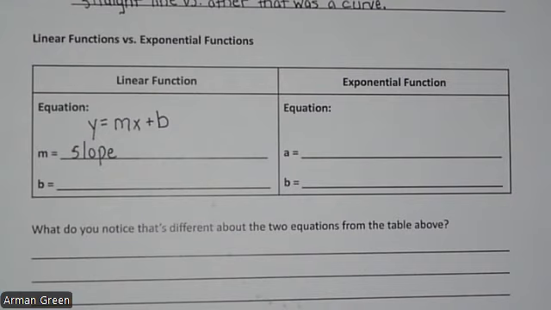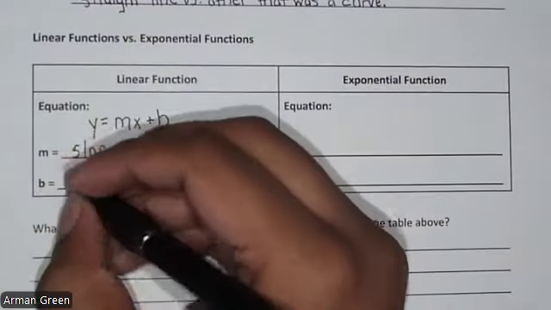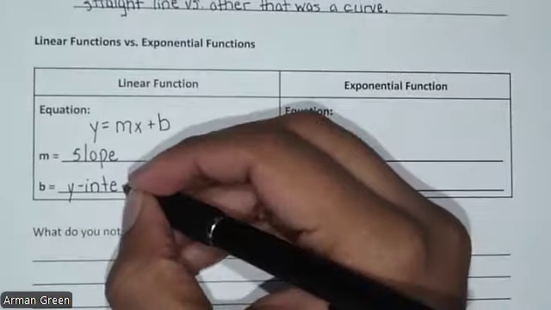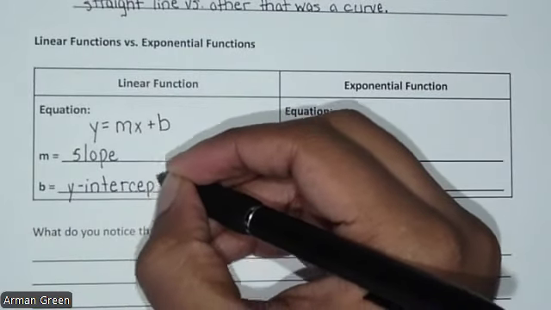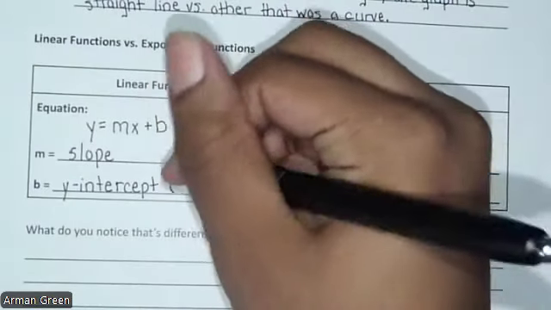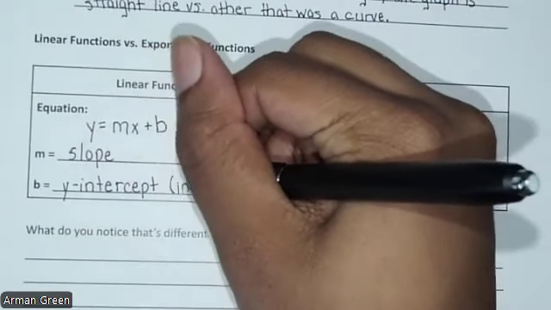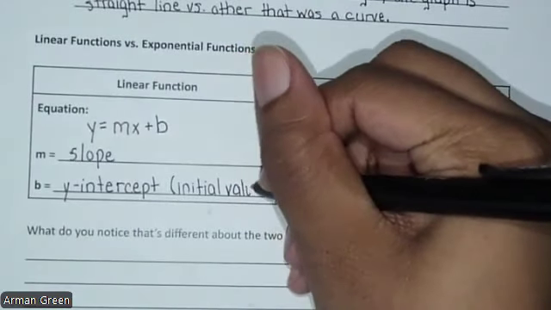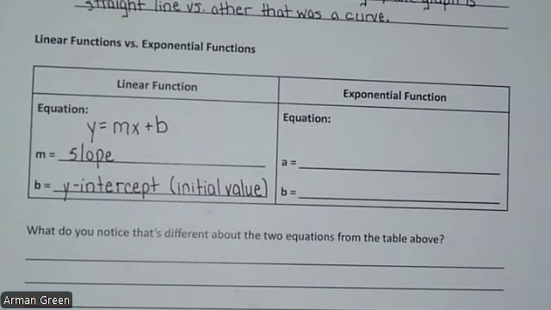You might say rise over run, or you might say that it is your rate. However you want to say it, it's fine. So m is your slope, and b in this function is your y-intercept. You can say it's your y-intercept, or another phrase that might be used is initial value. So that's a line, okay?